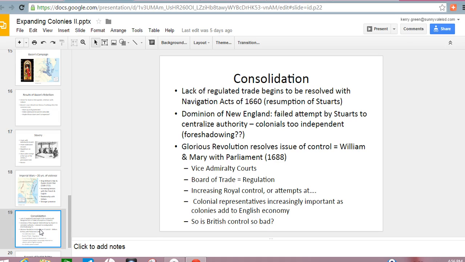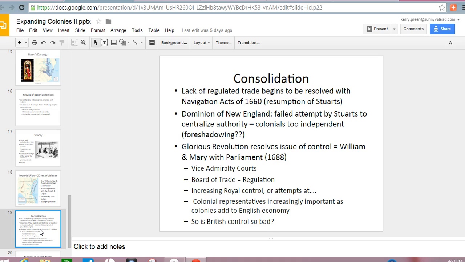And some of this is helped by the fact that the Glorious Revolution basically kicks out the male part of the Stuart line. Mary is a Stuart. But now she's married to William of Orange, and so they're co-regents. And so when they come in 1688, they begin to create a very distinct system that is like a bureaucracy, right?